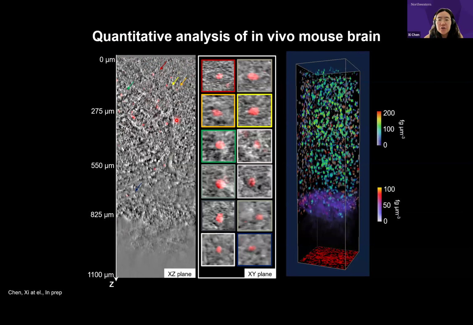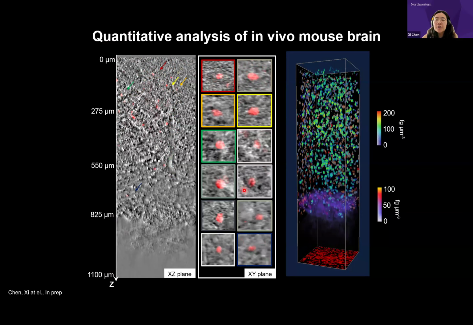And then you can look at the different structures. This is a major blood vessel, and you can also find individual neurons that light up. And when we zoom into the XY plane, we can look at the boundary of the cells, and we can look at the colocalized nucleus inside the cells.